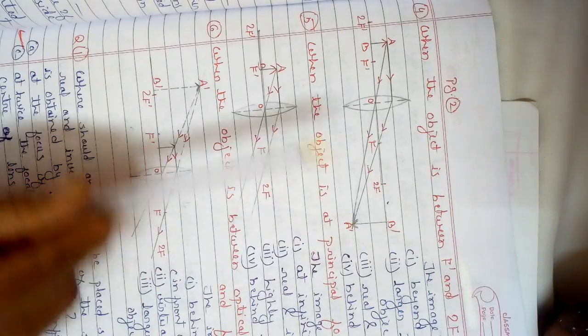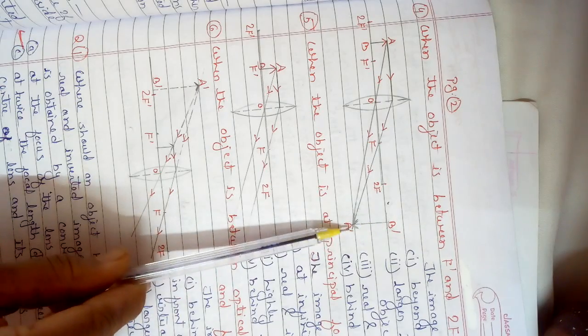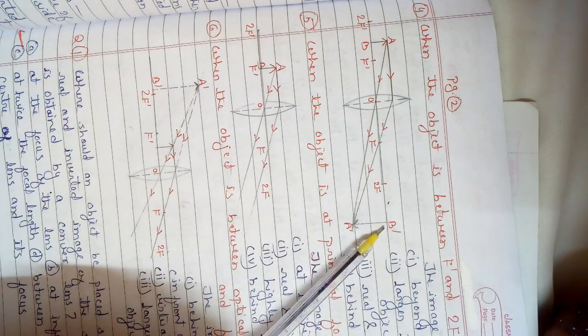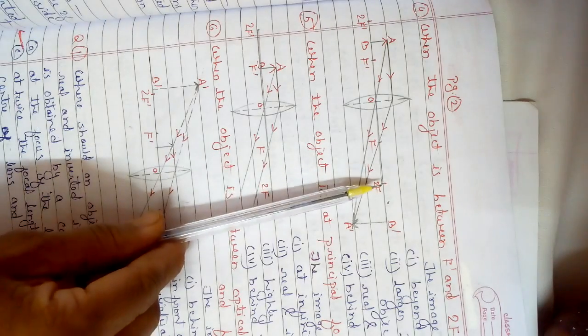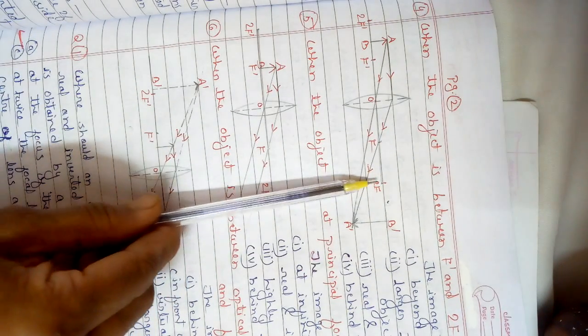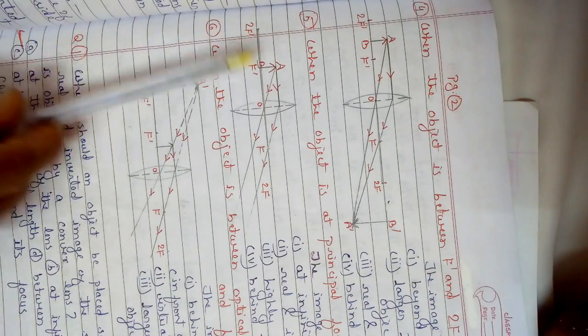By the intersection of these two rays, we get a real inverted image behind the lens which is magnified, that is larger than the object, and it will be formed beyond 2f, that means at a distance more than double the focal length of the convex lens.